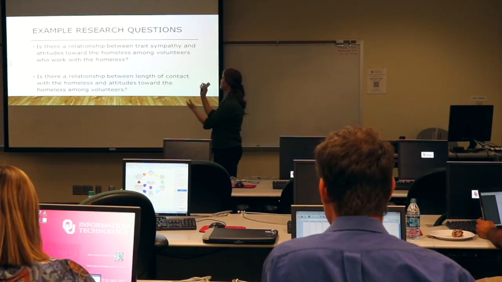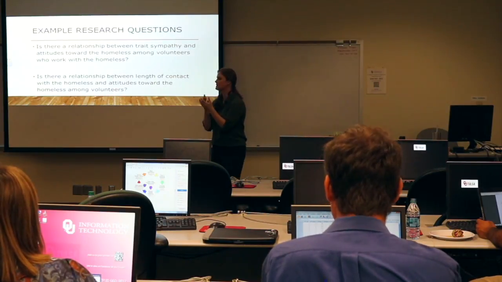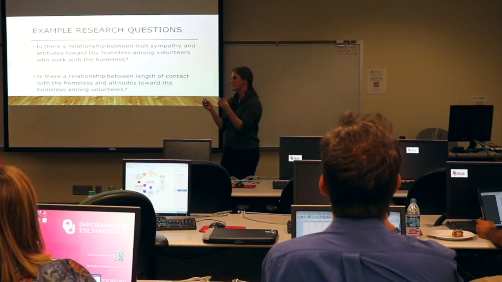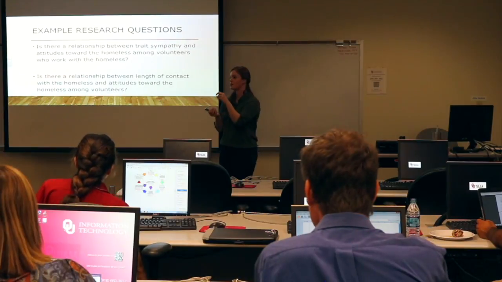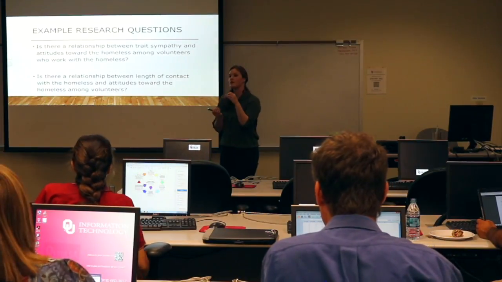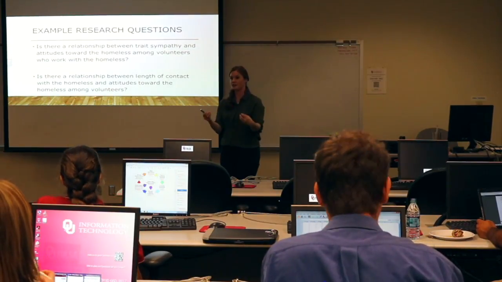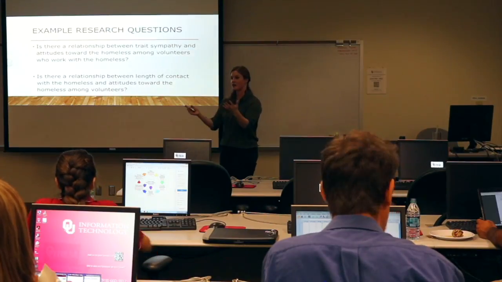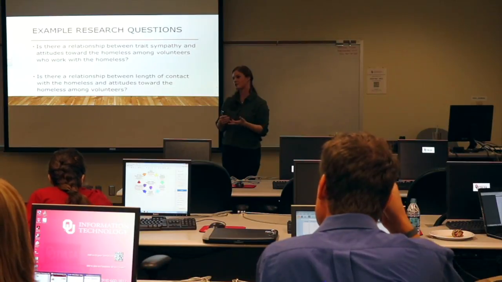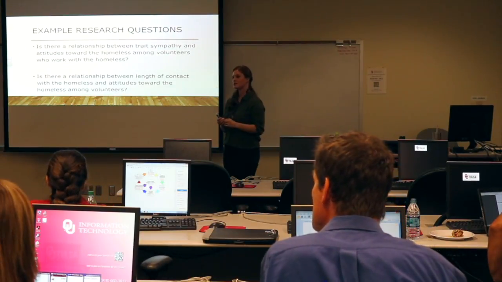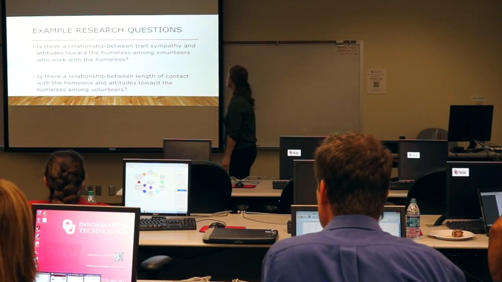So once we've identified those measures, then we have an idea of what our variables are going to be. Now we know that those are our constructs of interest. We know how to measure them, so they're now our variables. So now we have a working idea of how to develop our survey by including those scales. Does that make sense so far?